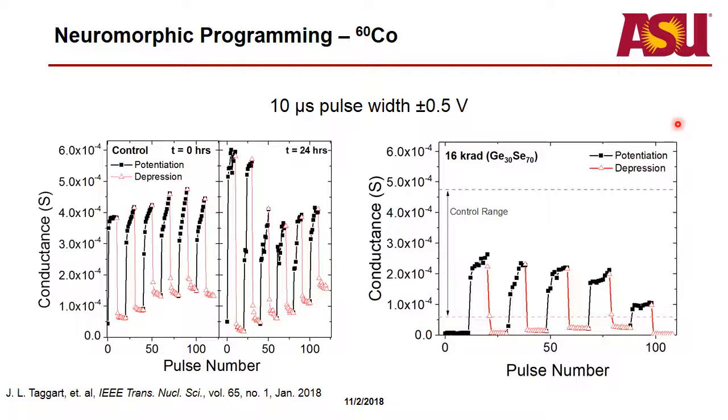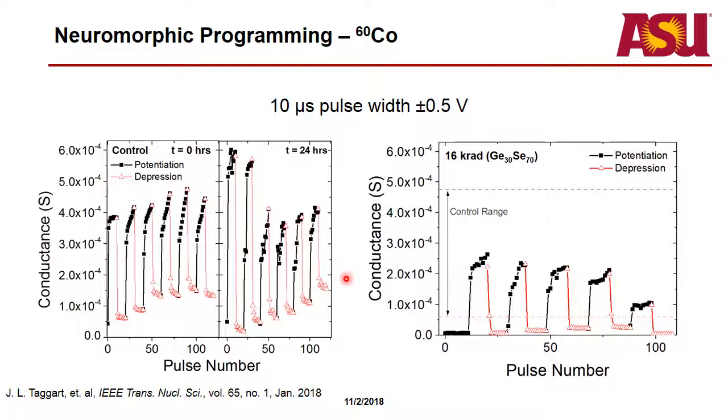And so instead of being able to do, say, 5,000 pulses to program it or erase it, I think we're essentially limited to about 10 to 20 pulses for this setup.